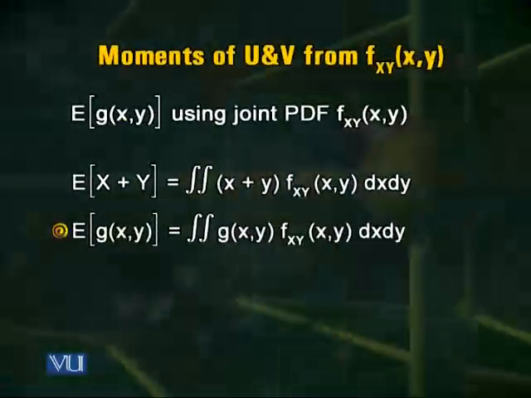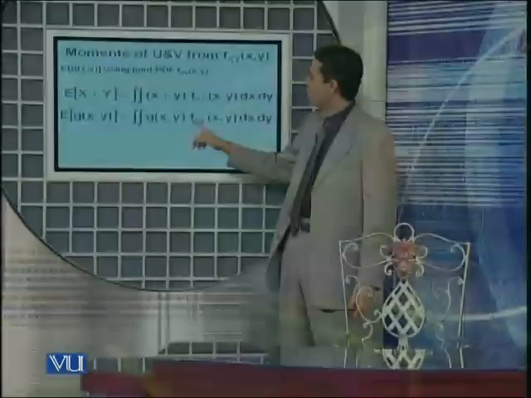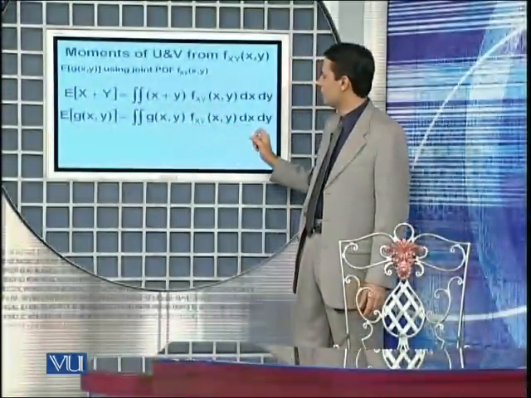But if you have a complicated expression which relates values of x and y to values of z, then this g is that mapping. If this g is this mapping, then the expected value of z, where z is g of x and y, can be evaluated directly from this joint PDF of x and y.